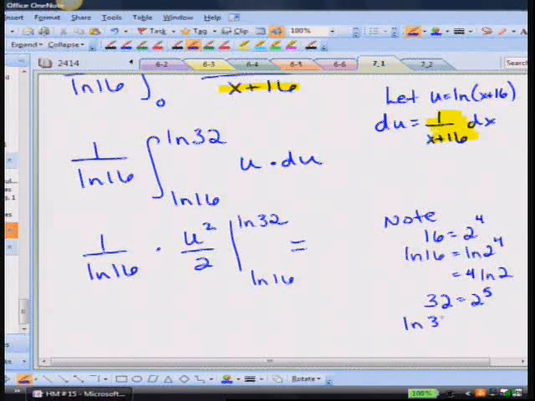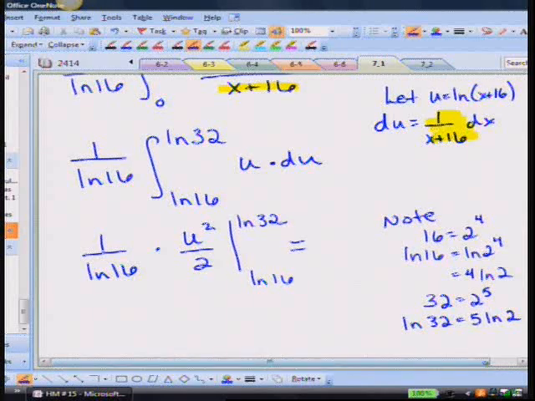So the ln of 32 is 5 times the ln of 2. Y'all with me using the power rule? So you have to get kind of snazzy.